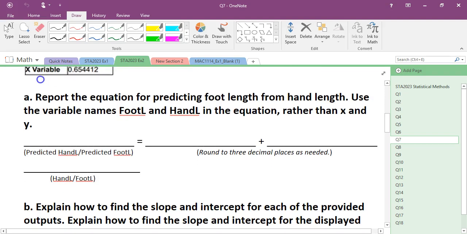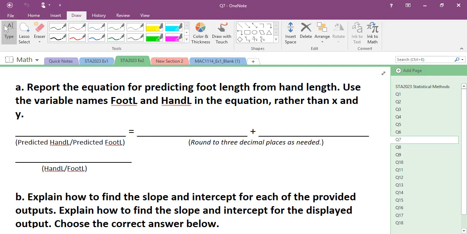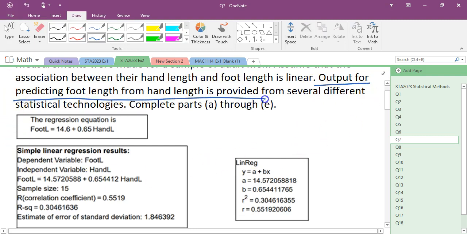So the first thing says, report the equation for the predicted foot length and hand length. Use the variable names foot L and hand L in the equation rather than X and Y. So when you're looking at this information, right here is a key sentence for us. Output for predicting foot length from hand length. Who is the independent variable? Foot length or hand length?